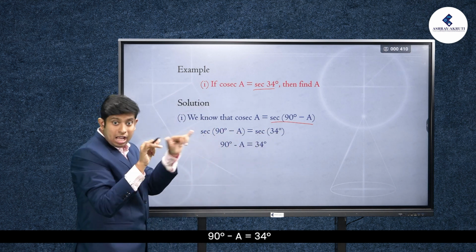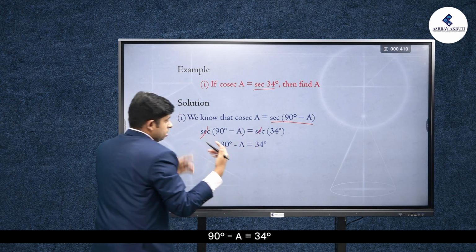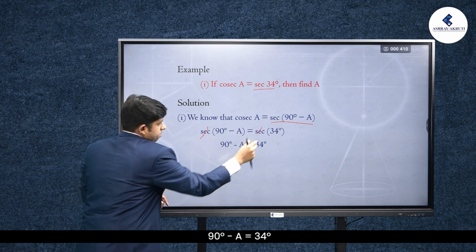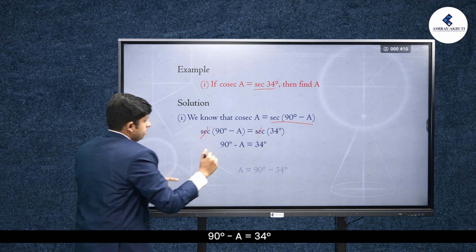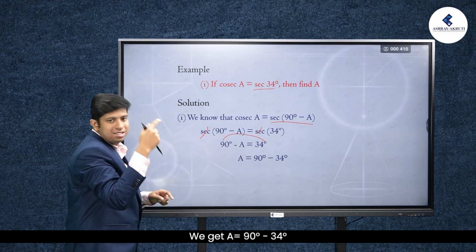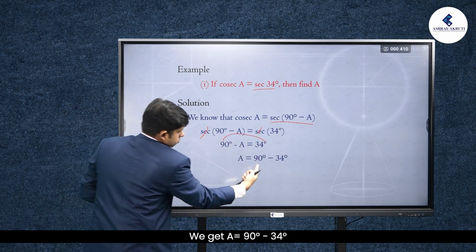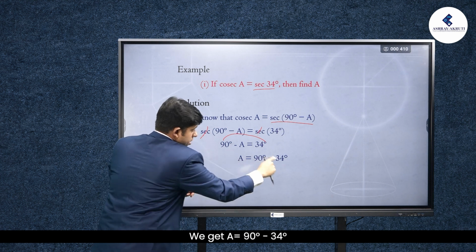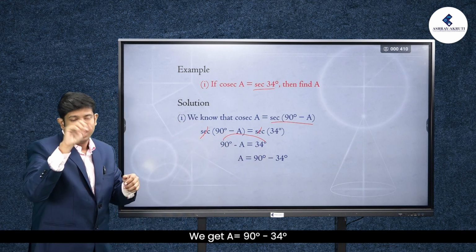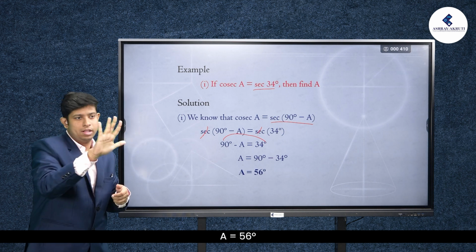That is equal to 90 degrees minus A is equal to 34 degrees. We get A is equal to 90 degrees minus 34 degrees. A is equal to 56 degrees.